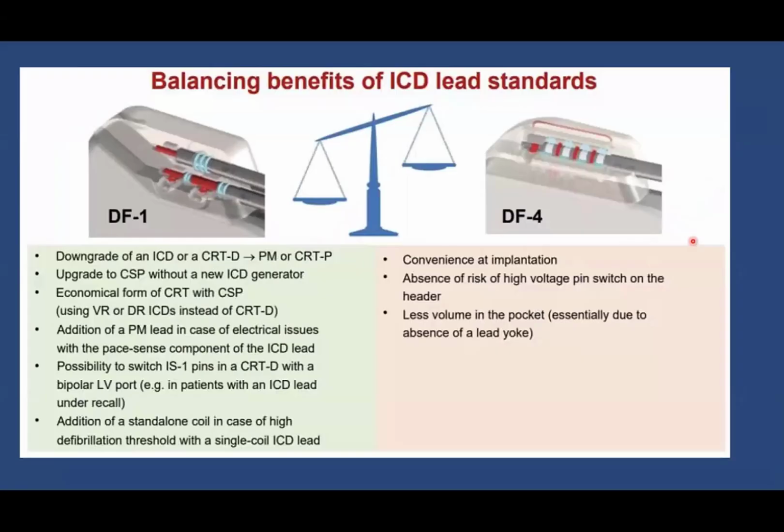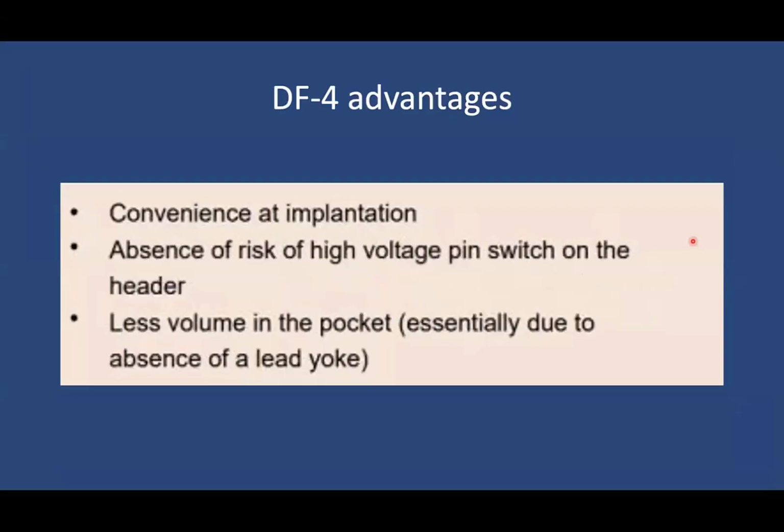What is the advantage of DF4 versus DF1? Interestingly, there are actually advantages in both of these technologies. I'll talk through DF4, which was the original excitement. The DF4 is smaller. It has fewer ports to plug in, so less likely to make a mistake while screwing the lead into the device.